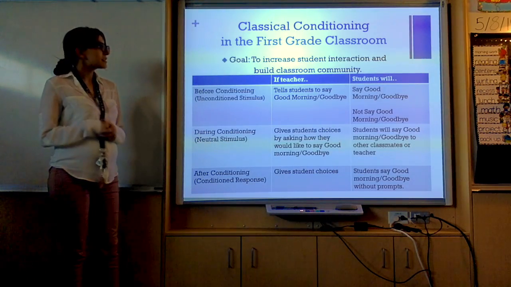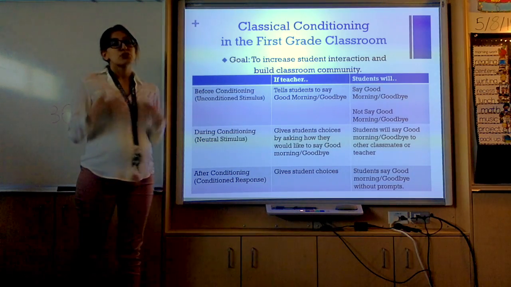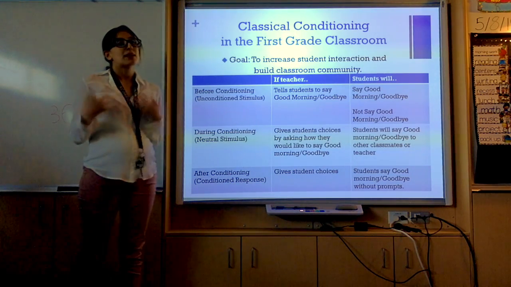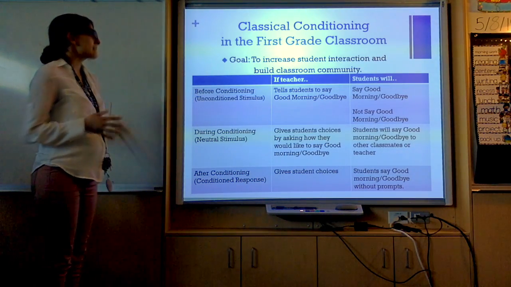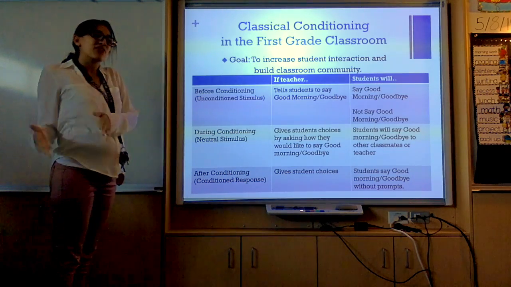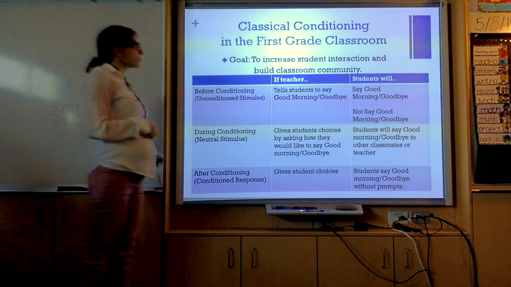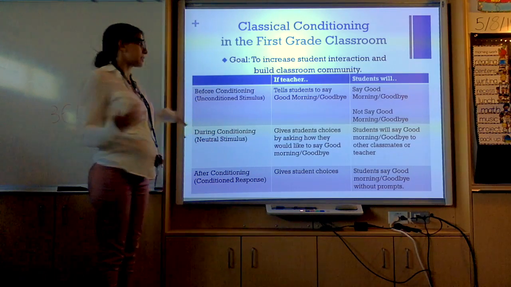So for the classical conditioning in my first grade classroom, my goal was to increase my student interaction and build my classroom community. I outlined how it looked before I started conditioning and then after my conditioning. Before my conditioning, I had an unconditioned stimulus.